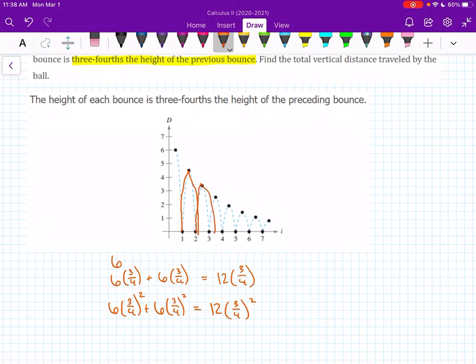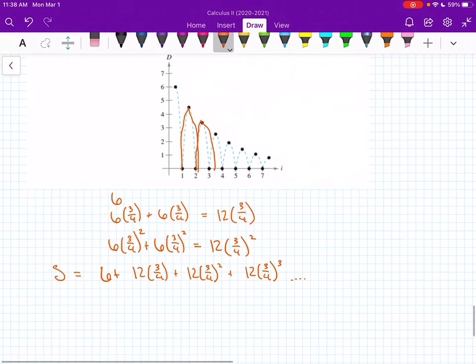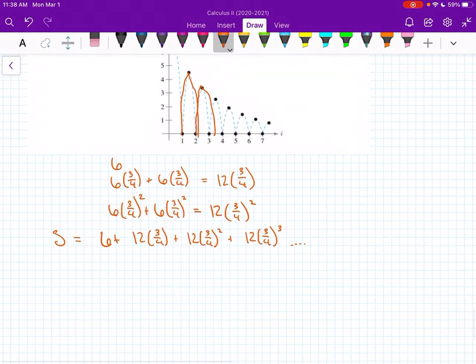And so if we continue this pattern, my sum here is going to be 6 plus 12 times 3/4 plus 12 times 3/4 squared plus 12 times 3/4 cubed, so on and so forth. So then if I look at this series here as my geometric series and take the 12 out, so I have 6 plus, and then I'm going to take that constant 12 out, so that comes from those properties.